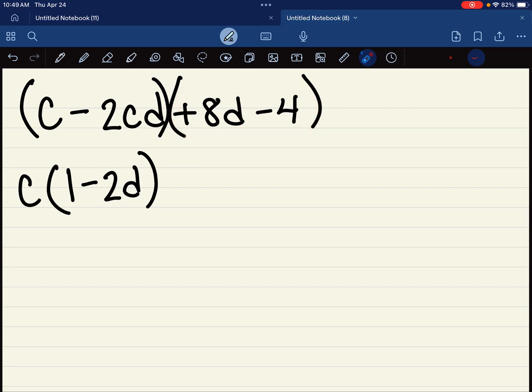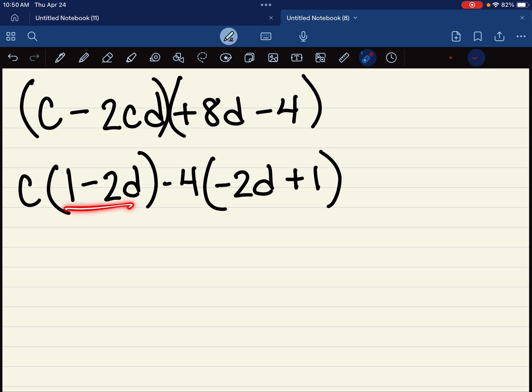Negative 4. So if I divide by negative 4, what's 8 divided by negative 4? Negative 2D. What's negative 4 divided by negative 4? Positive 1.